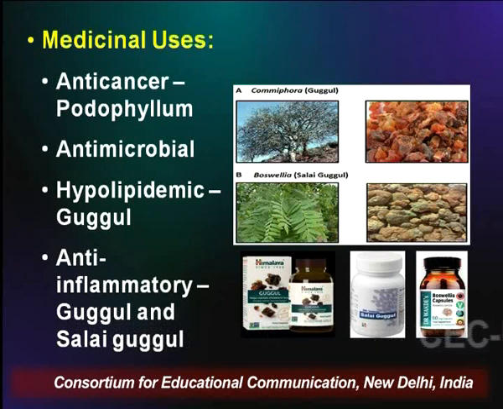And most of the resins have also shown antimicrobial properties. As we discussed, the plant produces these resins as defensive chemicals against various bacterial or fungal infections, so these resins have very good antimicrobial, antibacterial or antifungal activity.